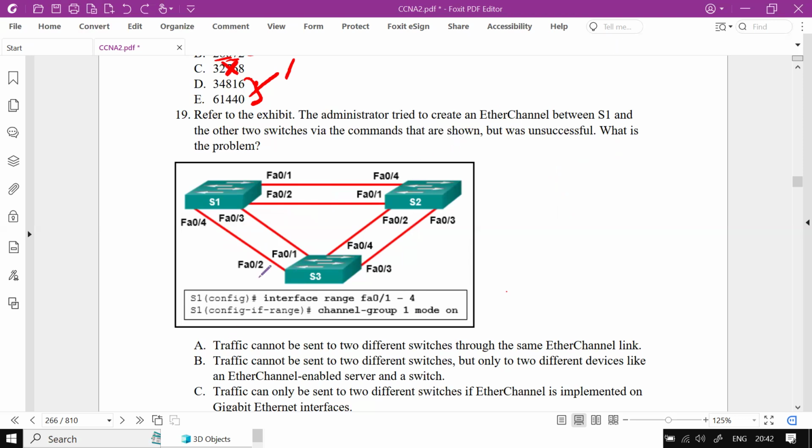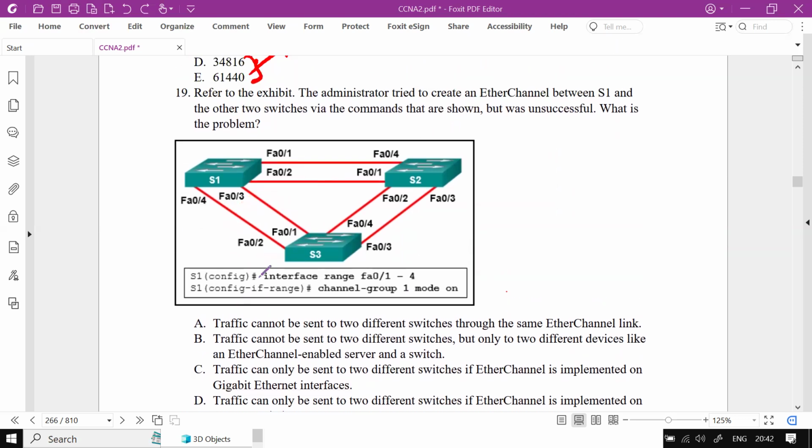So let us see the answers. Traffic cannot be sent to 2 different switches through the same EtherChannel. Traffic cannot be sent to 2 different switches, but only to 2 different devices like an EtherChannel-enabled server and switch.